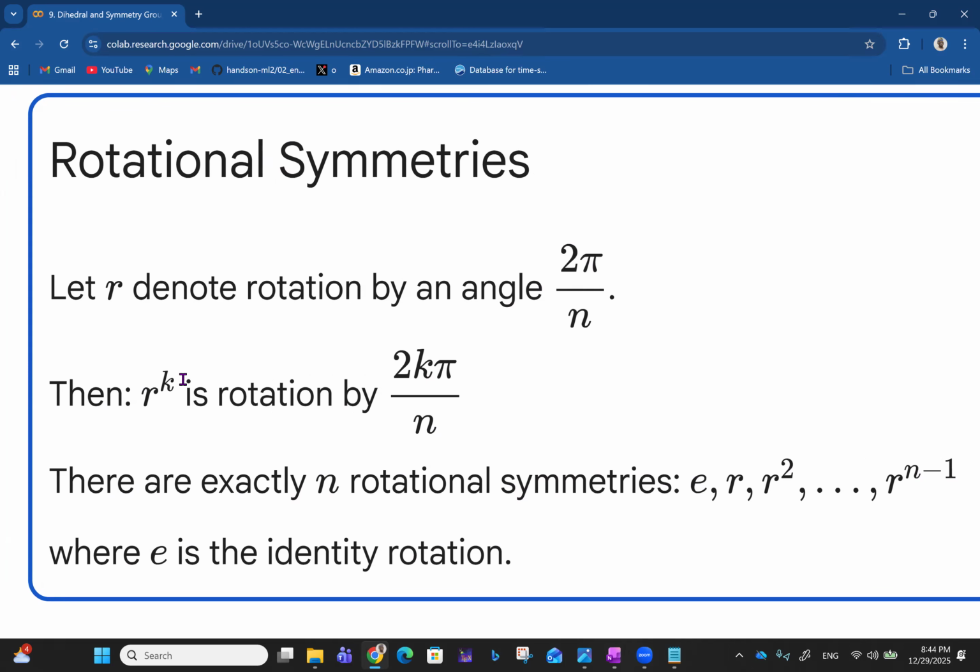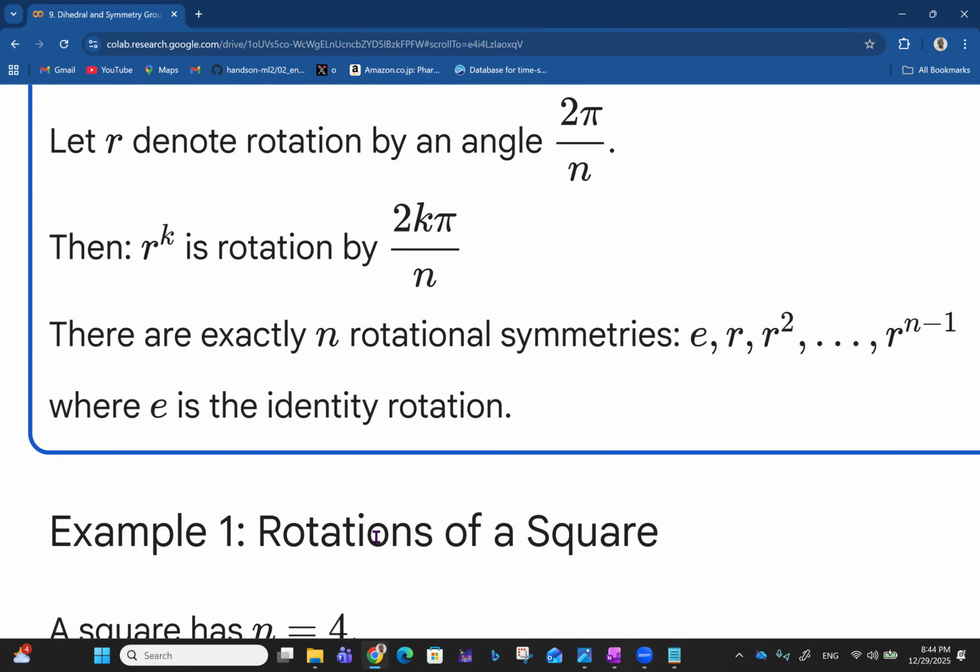So we still have n possible symmetries, because the identity still makes up the number to n: from R to n minus 1 is n minus 1, plus this one, that's n minus 1 plus 1, which is still n. So E is the identity rotation, don't forget.